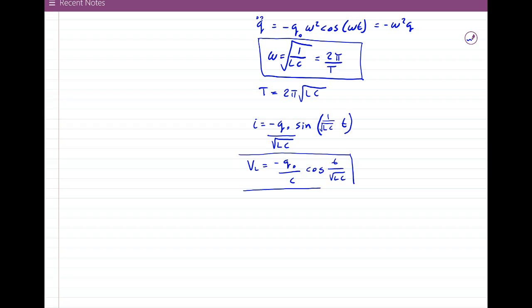What about the voltage across the capacitor? Can you find that? Yeah, the voltage across the capacitor is just going to be Q over C, right? So it's going to be Q0 over C times cosine. Okay, notice no negatives.